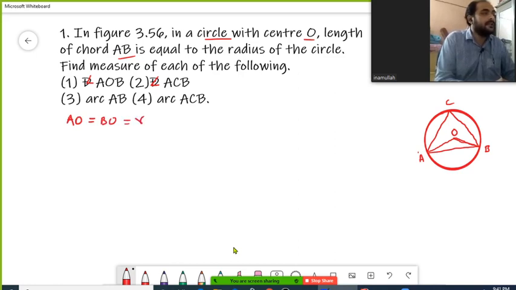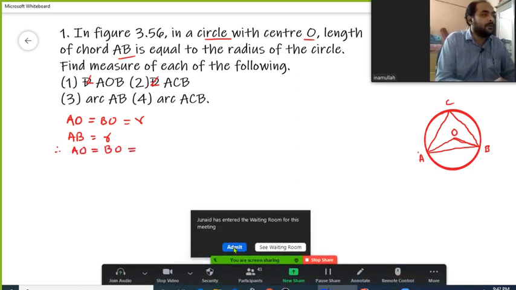Each is the radius of the circle. Besides, it is also mentioned that AB is also the same as the radius. So in that case, we can say AO, BO, and AB are equal in length.